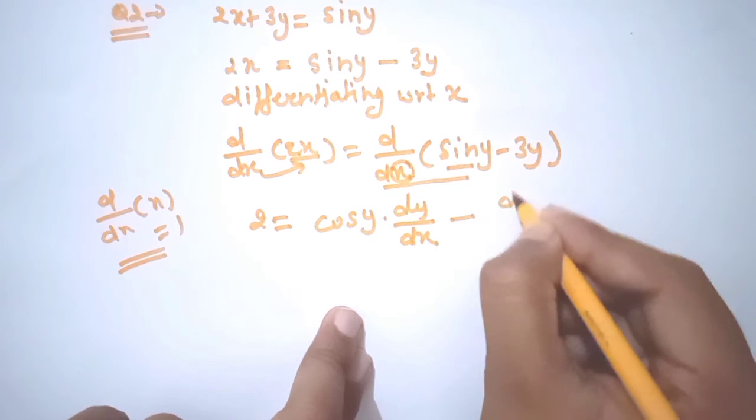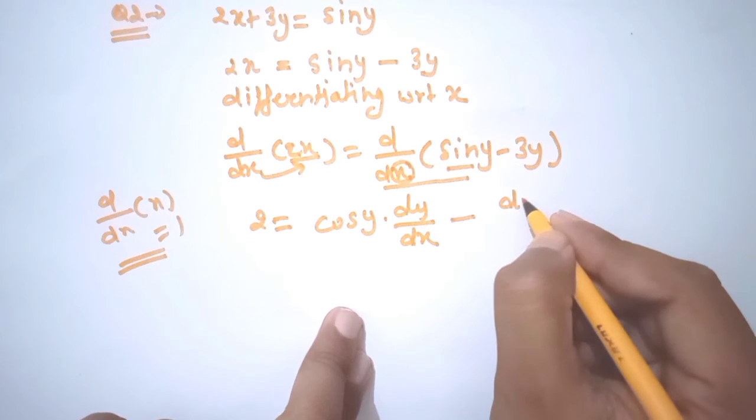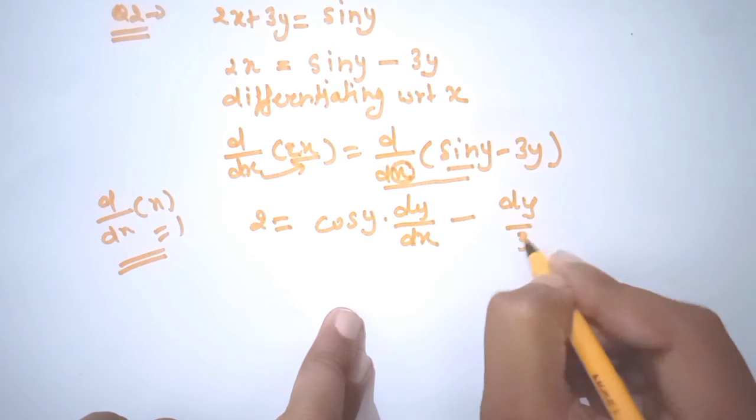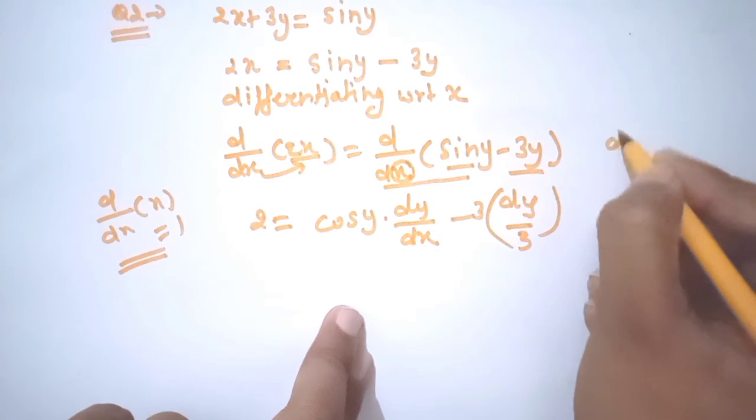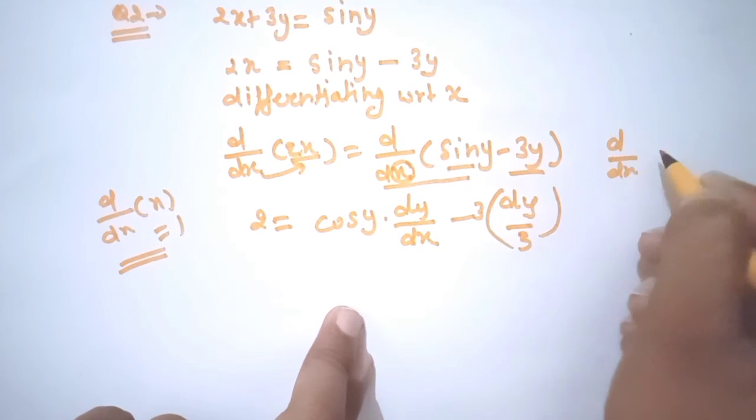Minus dy by dx, and it will be 3 d by dx with respect to y.